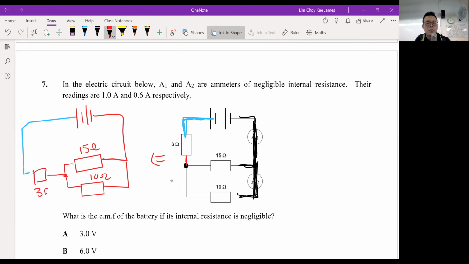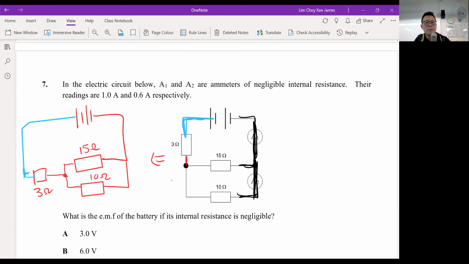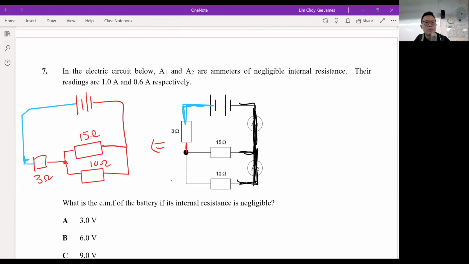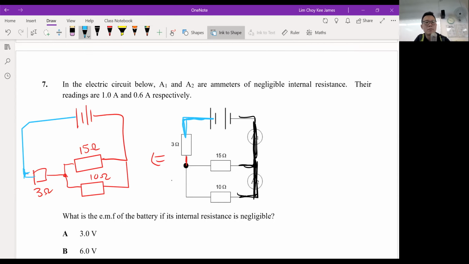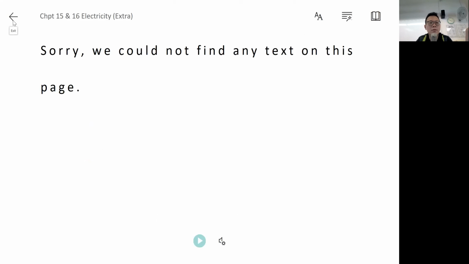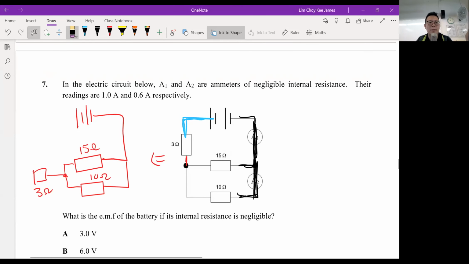So this will be my 3 ohm resistor. Okay, so what I do is, I lengthen the wire all the way here.